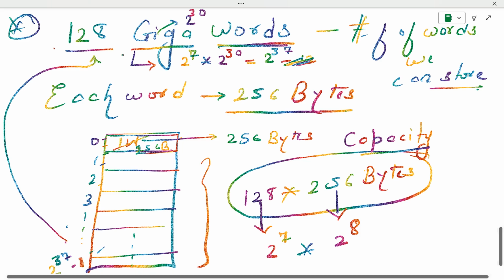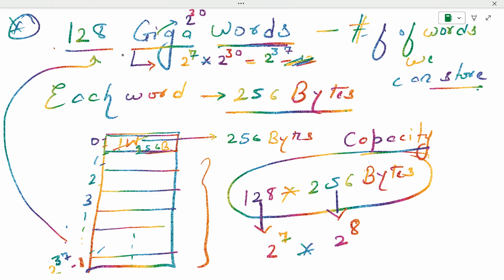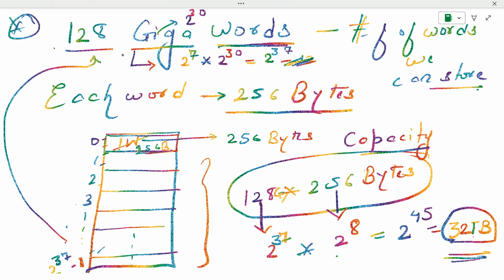Then we multiply 2 raised to the power 37 times 2 raised to the power 8, and that is equal to 2 raised to the power 45. And that is equal to 32 terabytes. Tera refers to 2 raised to the power 40, and then it's 32 TB. So this is the capacity of this entire memory.